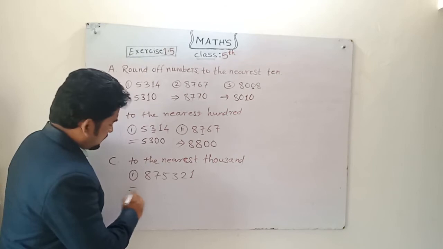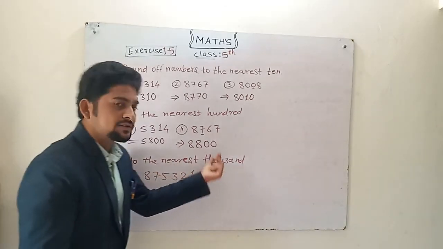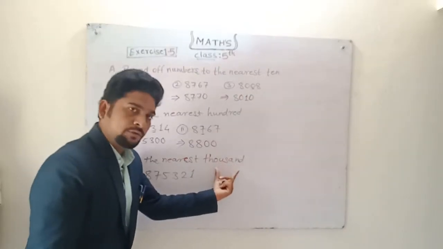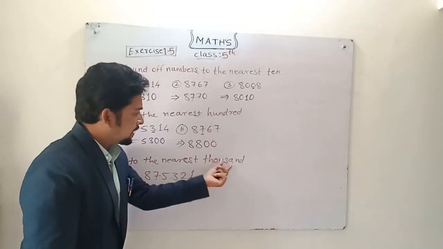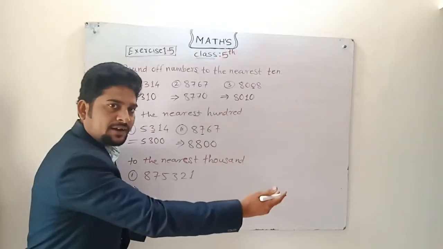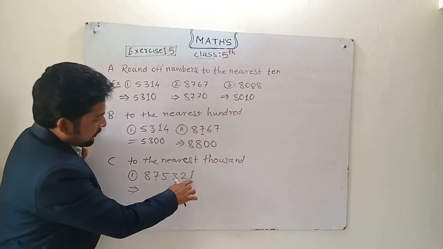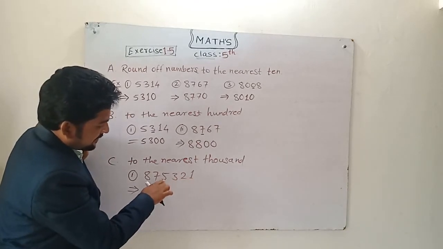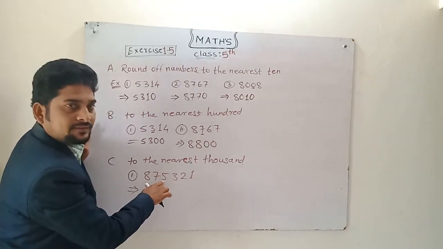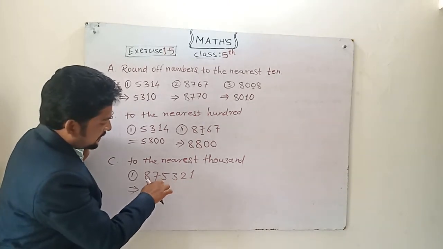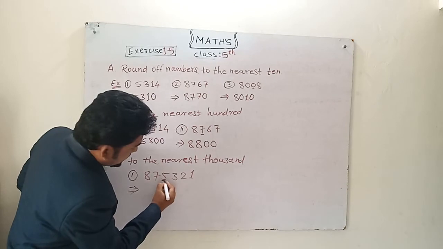Okay, what do they ask? To the nearest 1000. Okay, half of the 1000 is 500. Okay, after these places I want 500, otherwise more than 500. Okay, ones, tens, 100, 1000. Your 1000 place is 5.